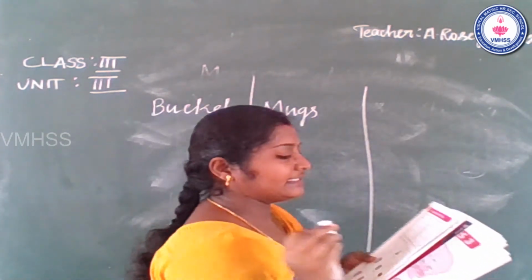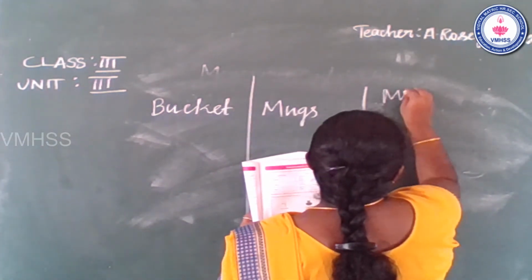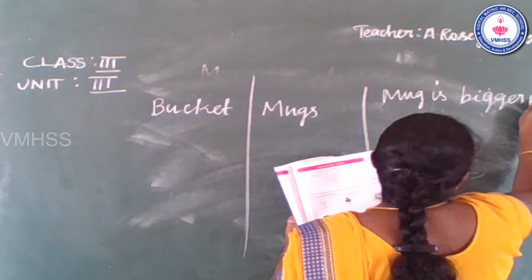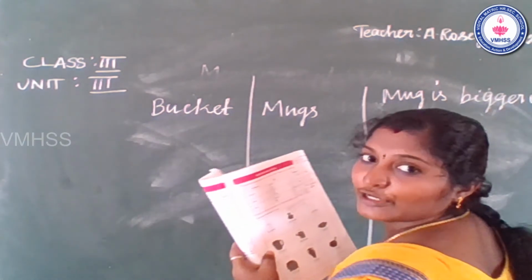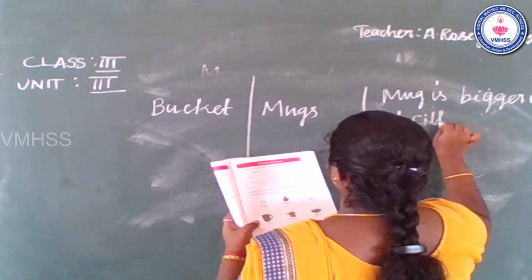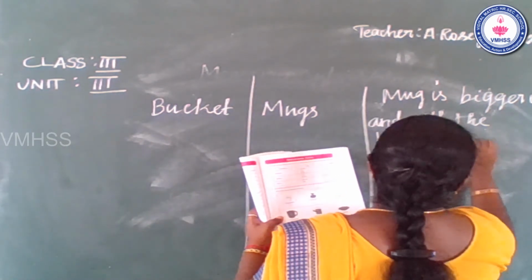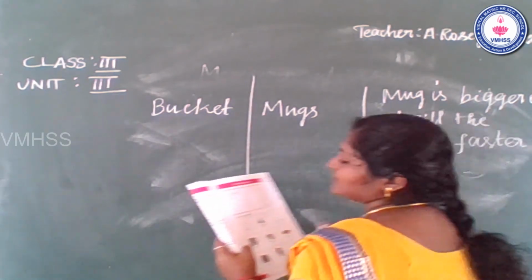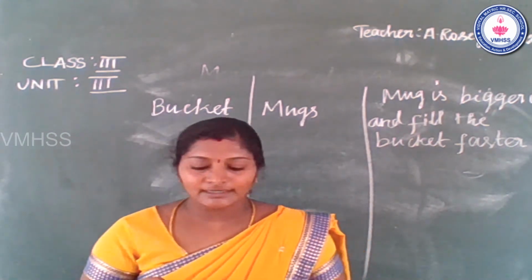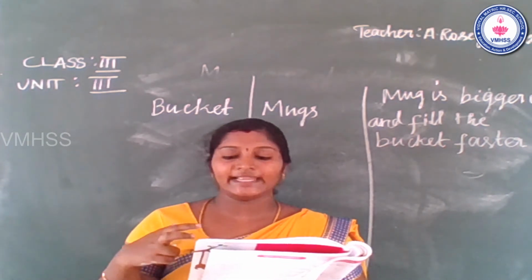The reason: the mug is a bigger unit and fills the bucket faster. So the unit is a mug. The mug is a bigger unit and fills the bucket faster.